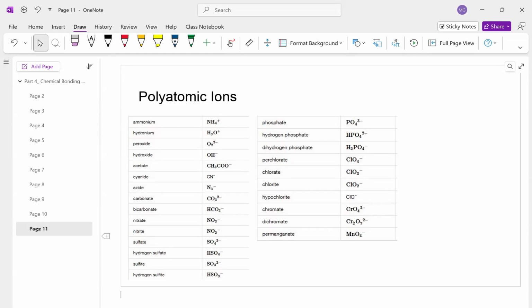And we're going to look at the structures of these later in the chapter. But polyatomic ions are ions comprised of more than one atom, hence the prefix poly. And we will look at the structure of these later.